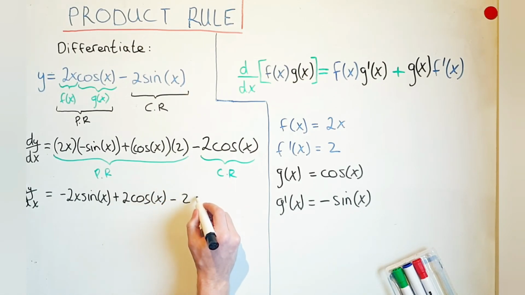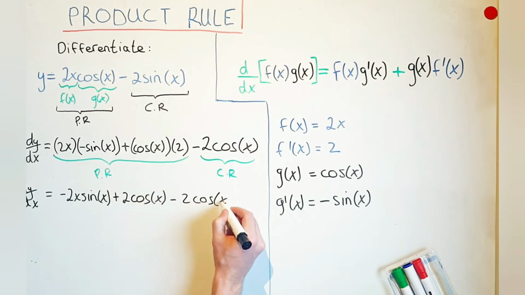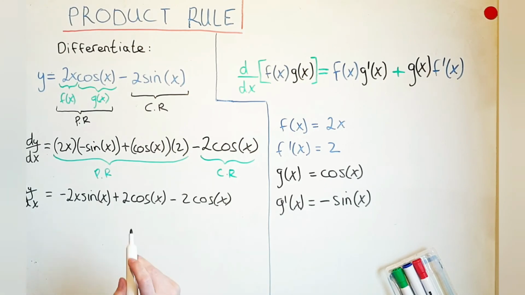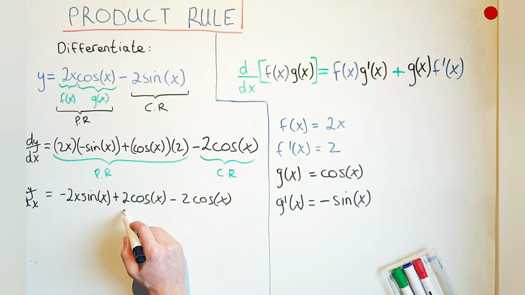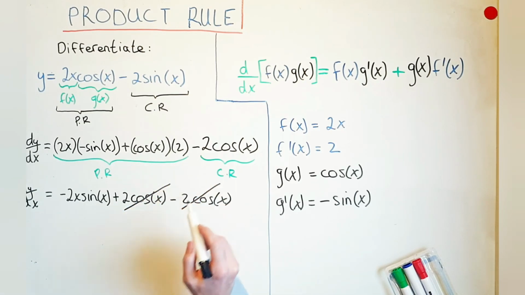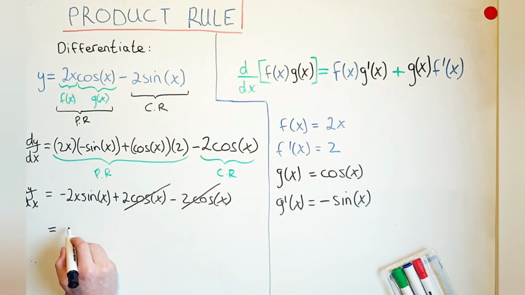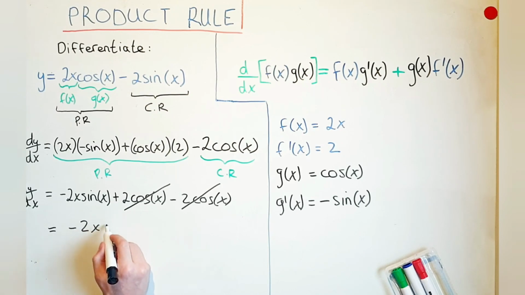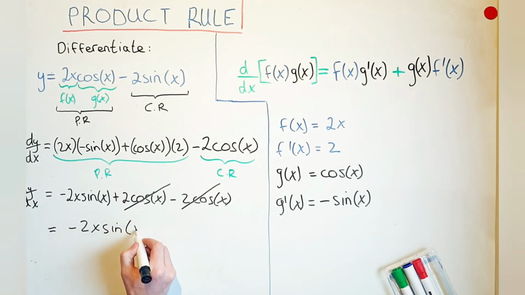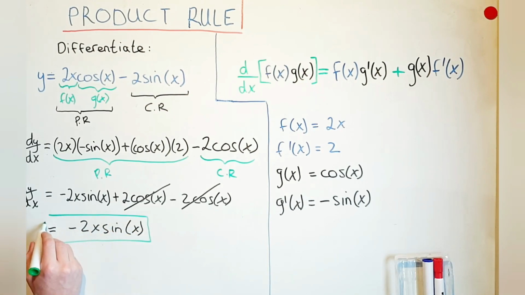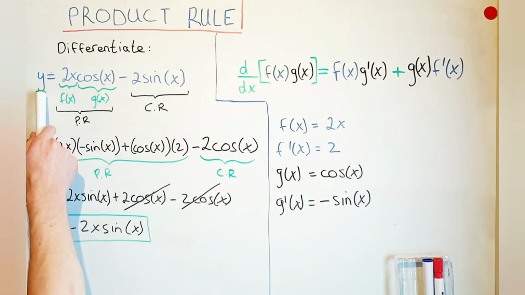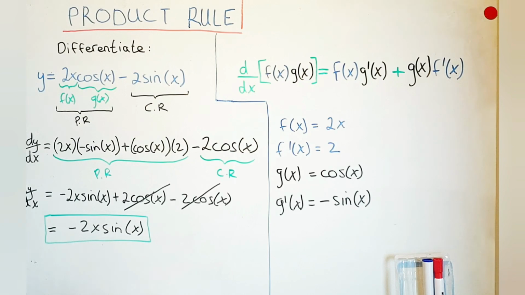And then that leaves us with a 2 cosine x minus 2 cosine of x. So they cross out with each other. And then that just leaves us finally with a minus 2x sine of x. That's our final result for the differentiation of function y with respect to x.